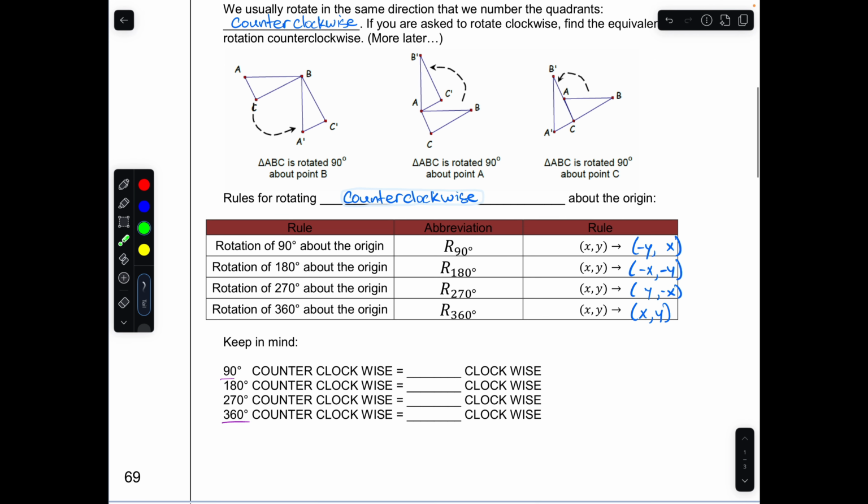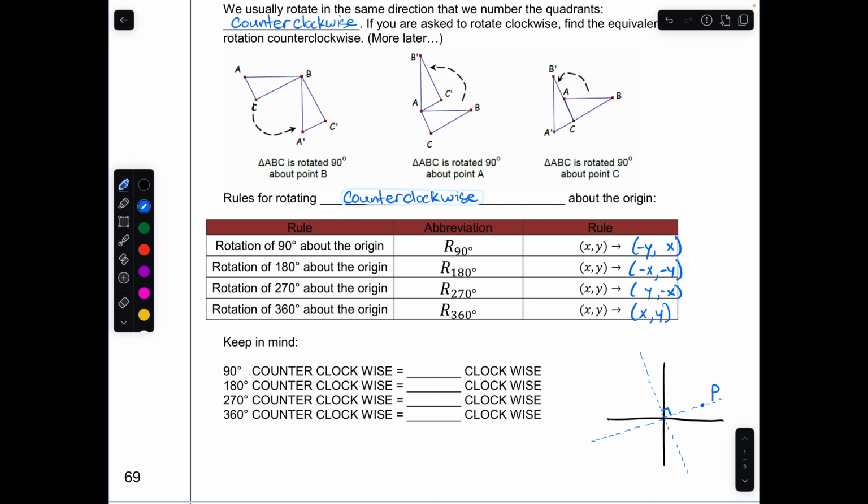All right, so here are those equivalent rotations if we want to go clockwise instead of counterclockwise. I'm going to draw a quick picture. Let's say we have some point P, and I'm going to draw a line through P and the origin, and I'm also going to draw a perpendicular line to that line, also through the origin.